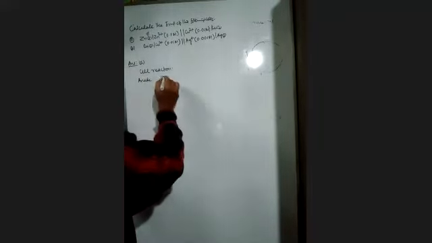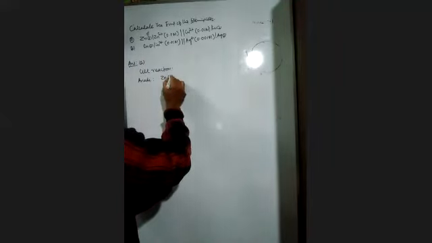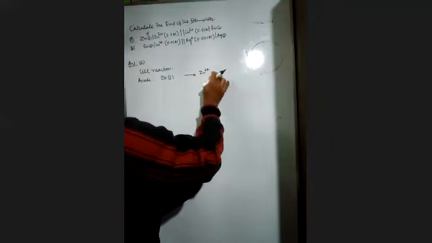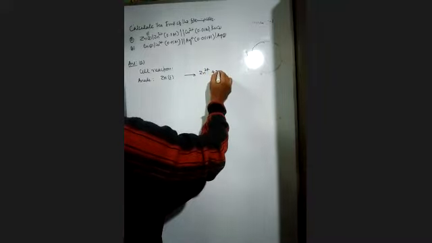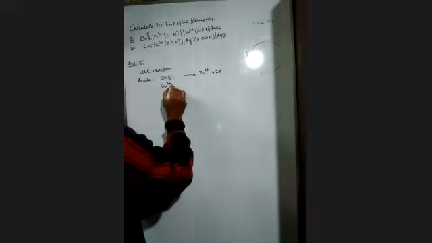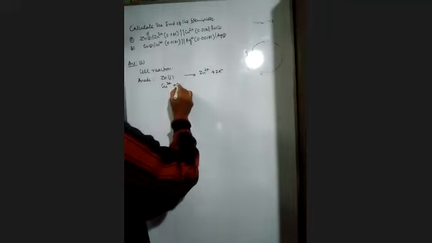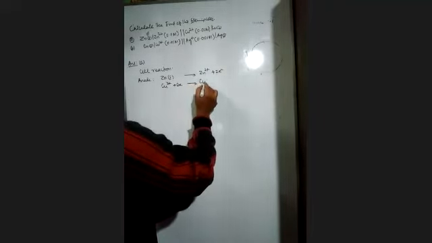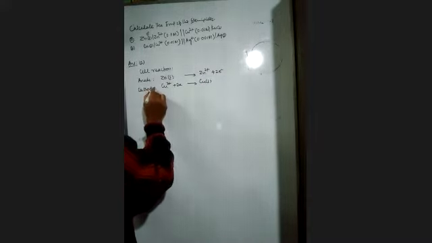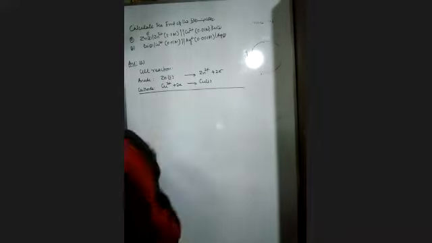So I'll write here: Zn gives Zn2+ plus 2 electrons, and Cu2+ plus 2 electrons gives Cu(s). Add.